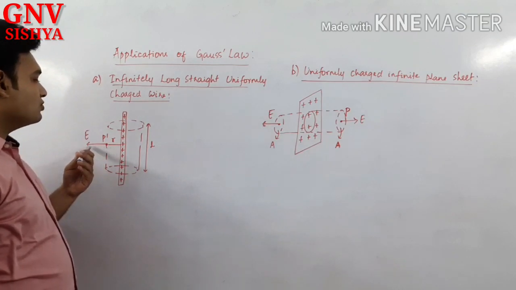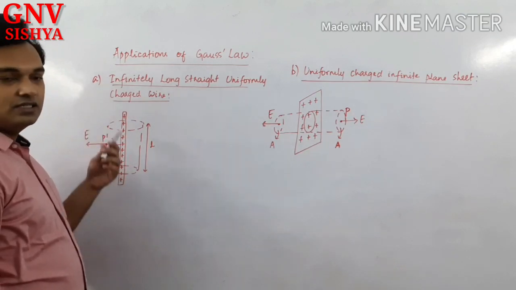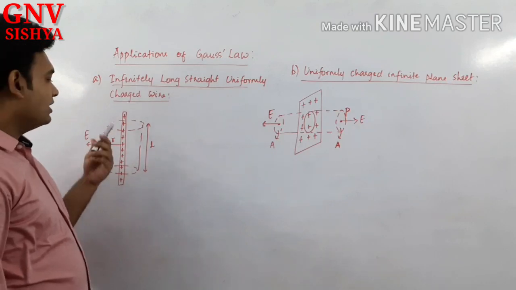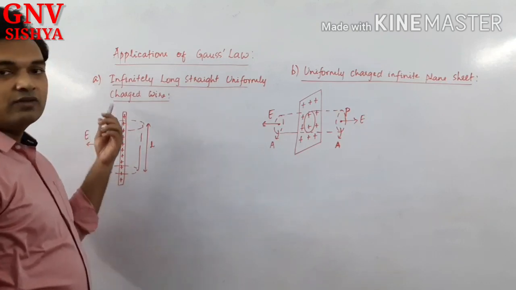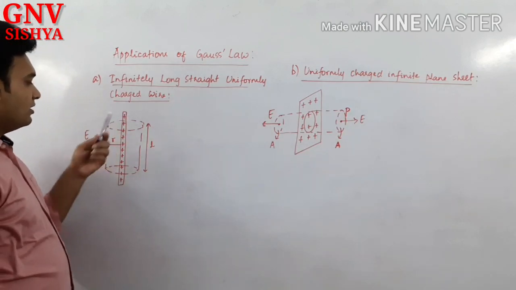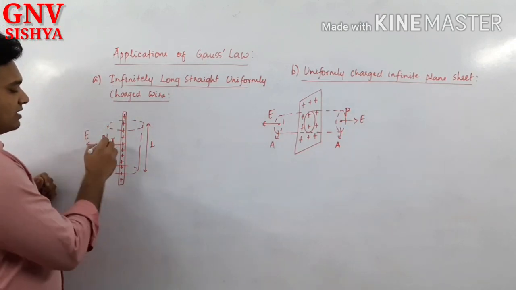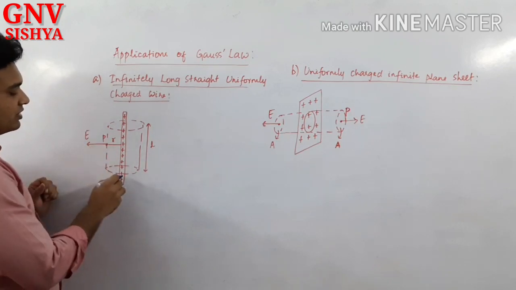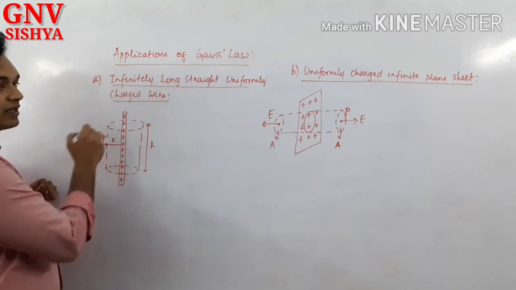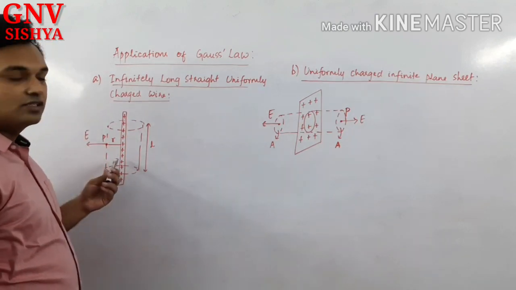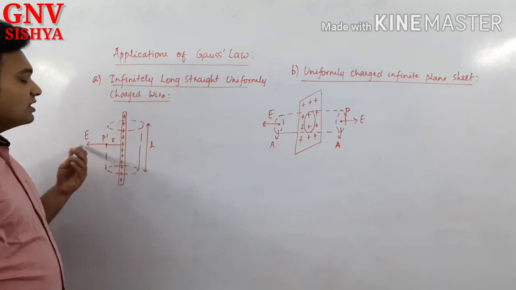The electric field due to all these charges will be pointing in this direction. It will be pointing horizontally, perpendicular to the infinitely long wire. How is that? Charges over here will direct an electric field in this direction, and charges over here will direct the electric field in the opposite direction, but when you take a vector sum of all those electric fields, they will point only horizontally.